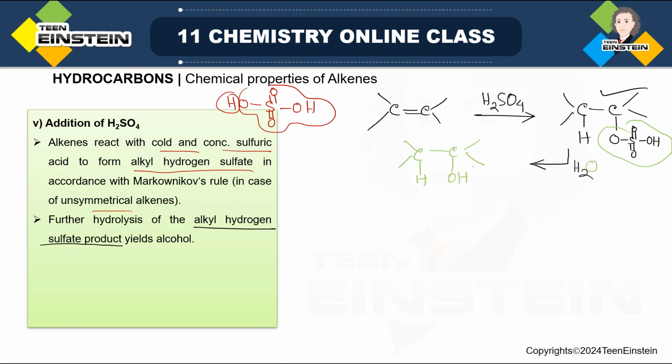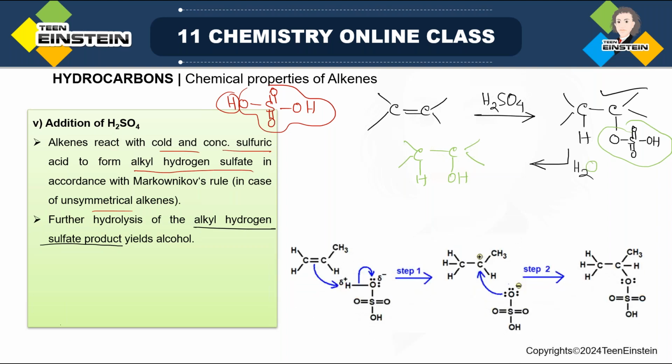Now you can think that this is net addition of a water molecule, right, which we can directly do. But sometimes we do it this way, bypassing it by using cold concentrated H2SO4, and then we are using water. So this is another way to produce alcohol, which is not direct, it is indirect, right?